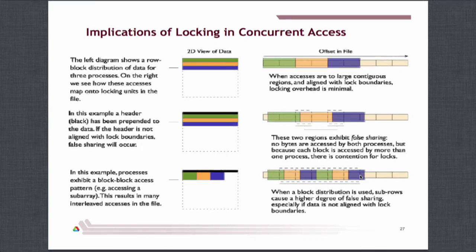And this gives another example, and there are some things to keep in mind that might not be obvious. You can organize your data so that it's in nice big chunks, nice powers of 2. You're hitting the lock boundaries exactly right so that the file system isn't having to work too hard to avoid contention. Everything's good. Then you work on your data model a little more and you decide you need a little header, just a little bit of information at the front of your file to describe the data.